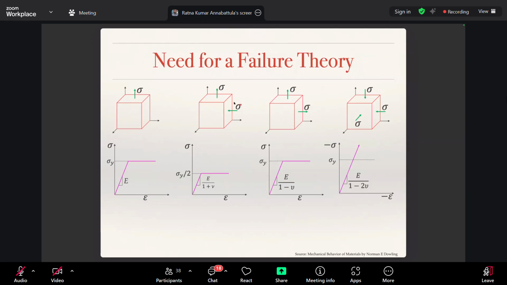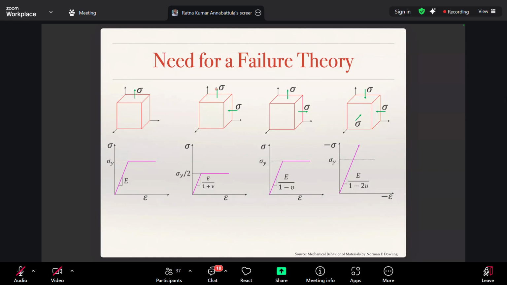Now, for this state of stress, sigma 1 is equal to minus sigma, sigma 2 is equal to plus sigma. Plug that in. Sigma 3 is 0.